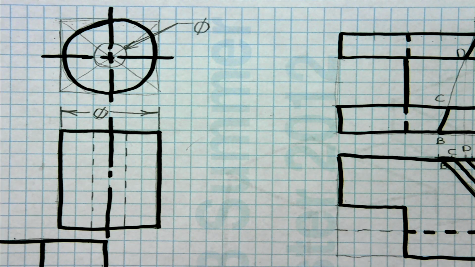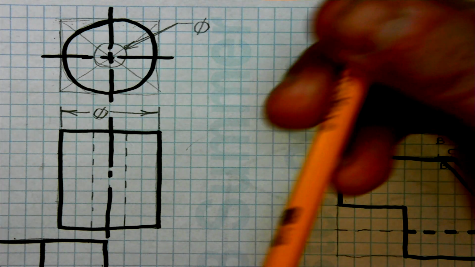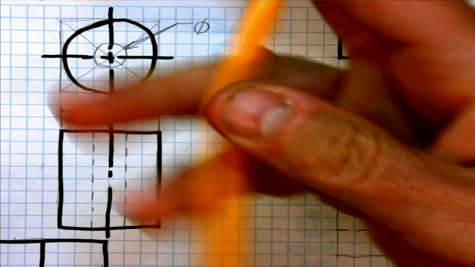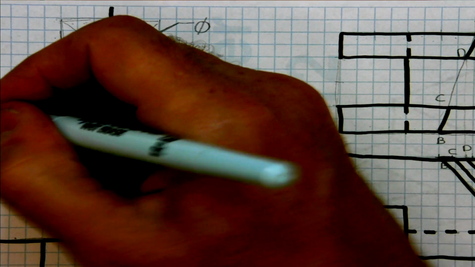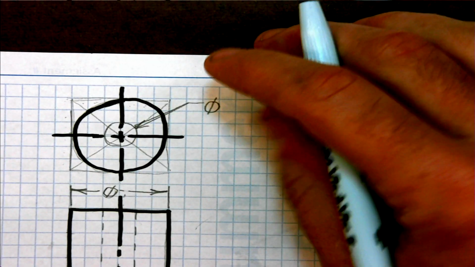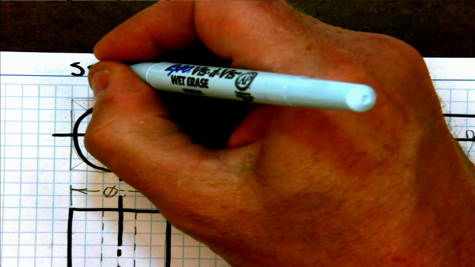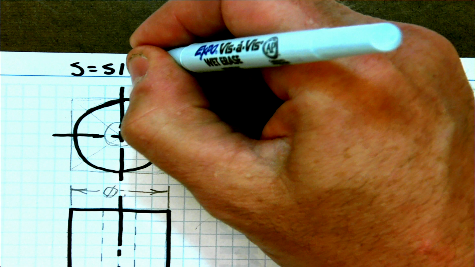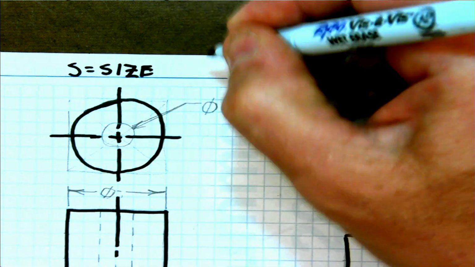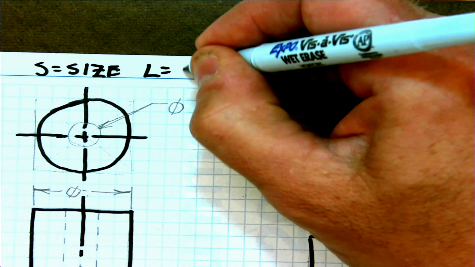Okay, so now I'm just going to use S and L. So S is equal to size, and L is equal to location.